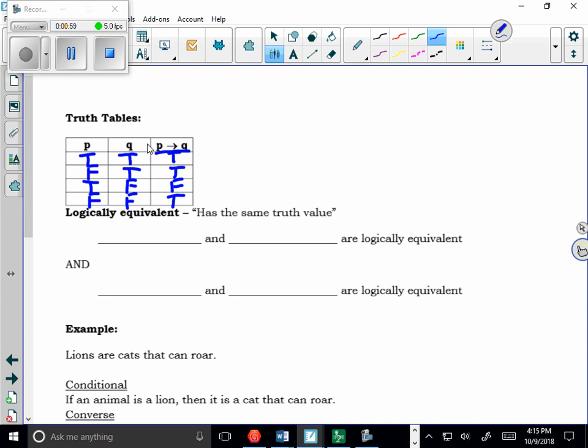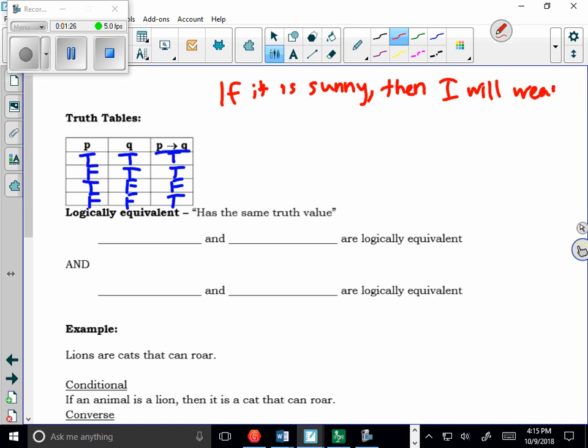So I'm going to use an example of the conditional statement: if it is sunny, then I will wear my sunglasses.